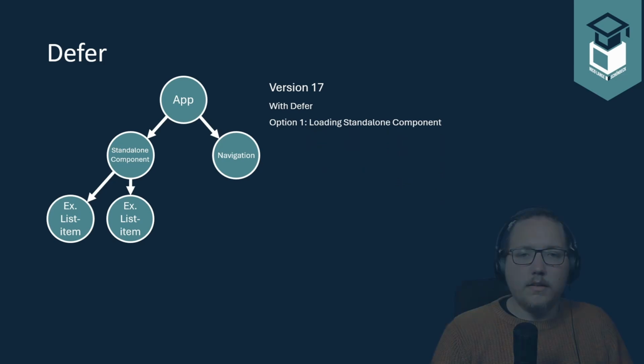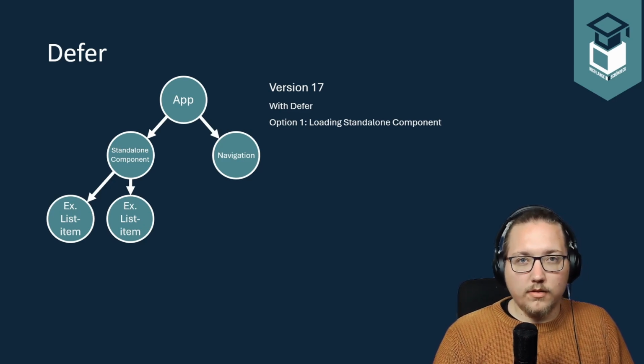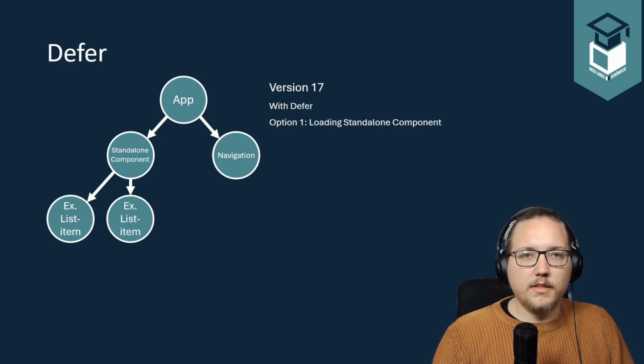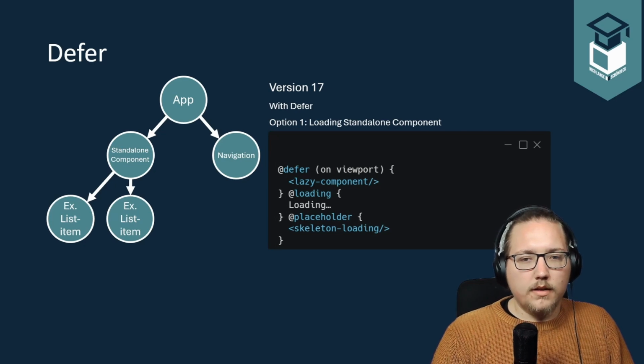But what's now the difference to defer? Or how is the new way to lazy load components? First of all, as you can see on the left side, you need a standalone component for this to work. So this is the kind of template to do it.